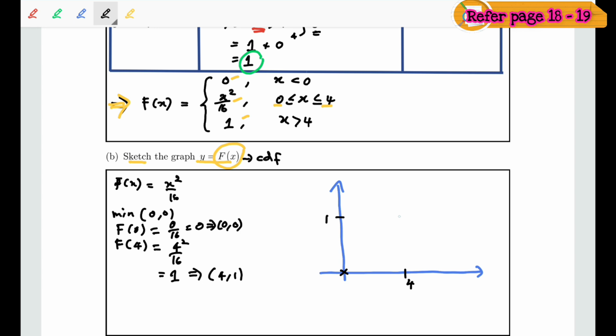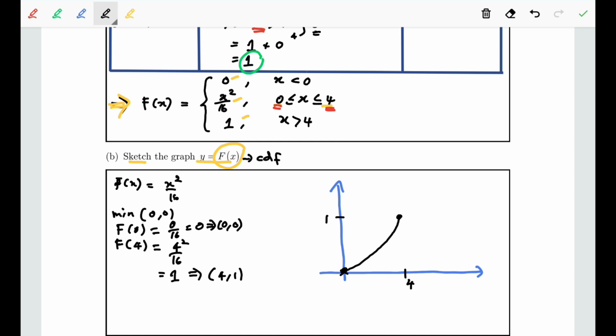I'm going to denote them as solid dots, since this is an included value, 0 and 4 are included. So we start with a solid dot and end with a solid dot. Just connect these two points using a curve. Just sketch the curve form.